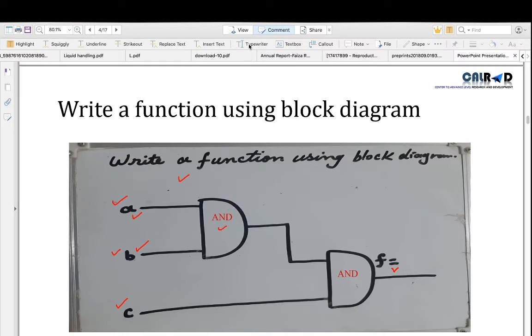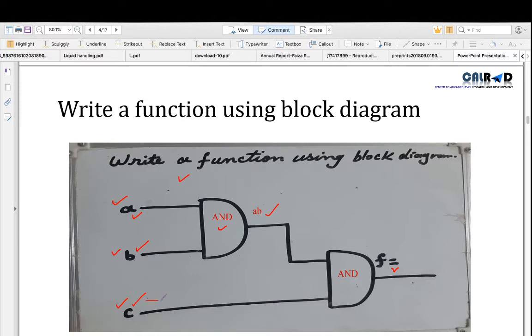What will be the output for this? The product of both inputs, so the output will be A into B. Now for the second gate, with inputs A and B, the output is A into B.